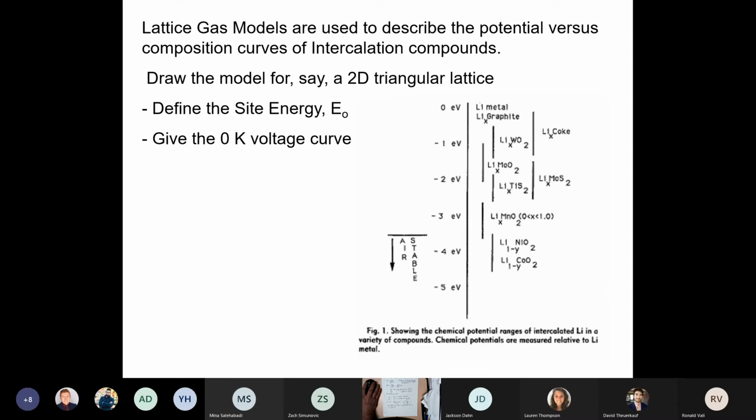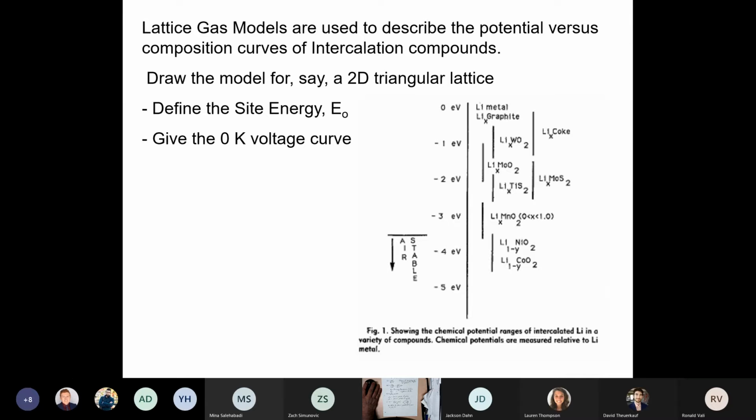So we've talked about the structure of positive electrode materials. We've talked about the structure of graphite. We know, using, say, titanium sulfide as an example, or cobalt oxide as an example, that the host is made up of atoms bonded tightly together.